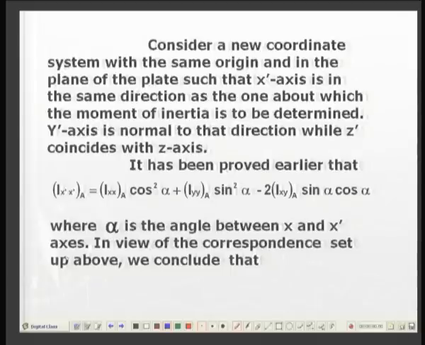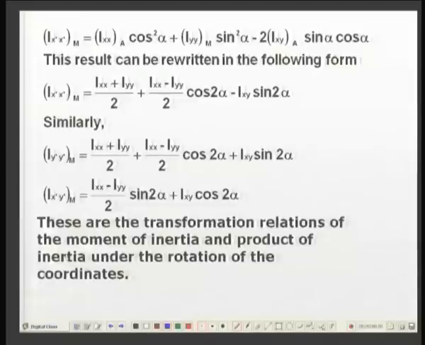In view of the correspondence set up there, we can conclude that a similar result is obtainable for the moments of inertia, that is, I x dash, the mass moment of inertia, is equal to the corresponding term for the area, I x x a cosine square alpha, I y y a sin square alpha, minus 2 I x y a sin alpha cosine alpha.